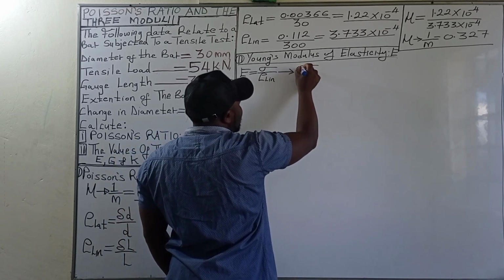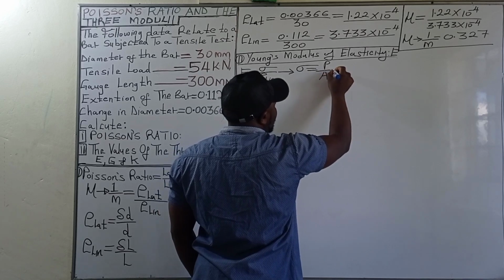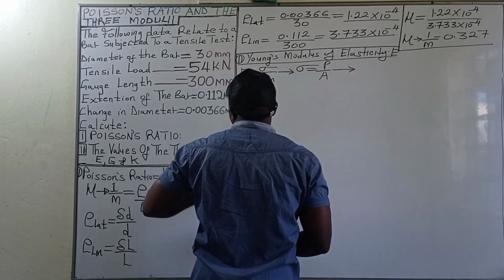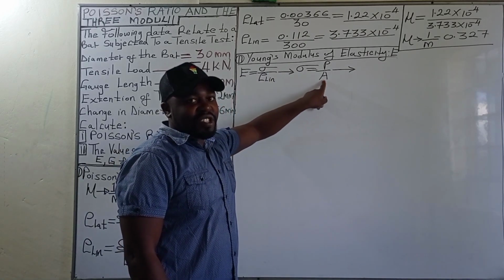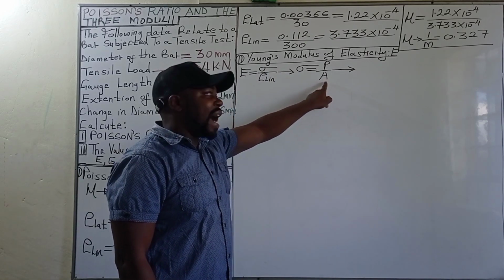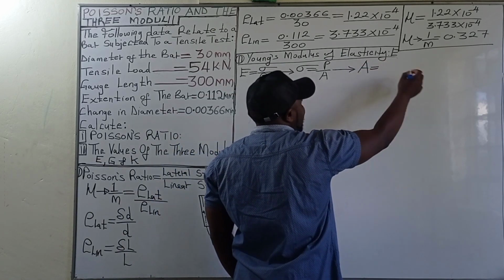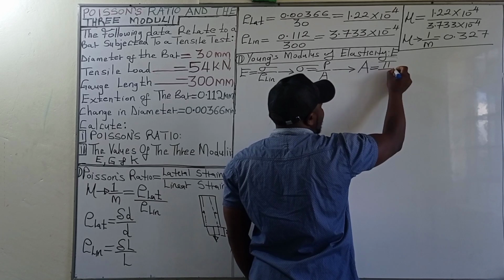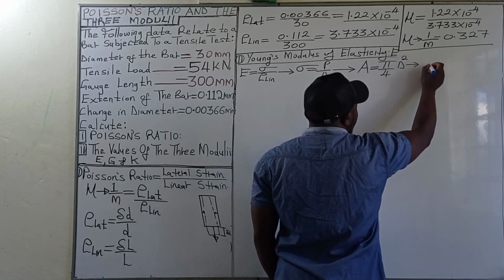And stress is given by load divided by cross-sectional area. We got a load of 54 kilonewtons, so what we are required to determine is the cross-sectional area of this bar. And since it is circular, because we have the diameter, the cross-sectional area of this bar will be given by pi/4 multiplied by the square of its diameter.